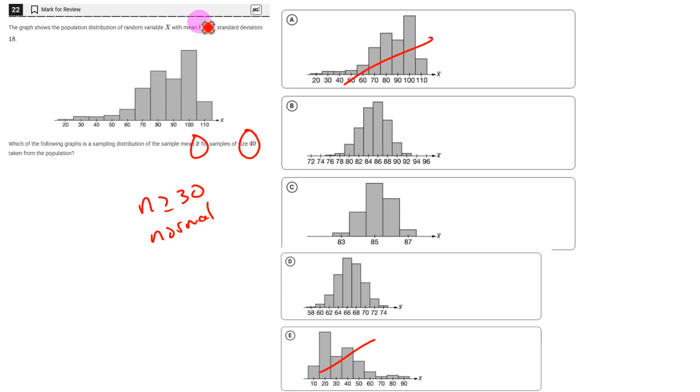But we need to have a mean of 85. So pretty close. We're good there. Well, 85 would be way up here, so this one's out. The sample of size 40 is going to give us a pretty small variance. So we should get that. All right?